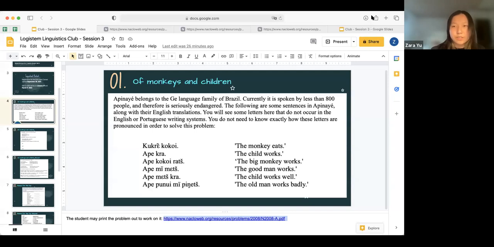Okay, so that's the first problem. You can print it out or just open it on whatever device you have. And then I'm going to share my screen really quick. This is just the first slide. If you can't open the link and want me to click to the second slide, just let me know and I can switch between these.